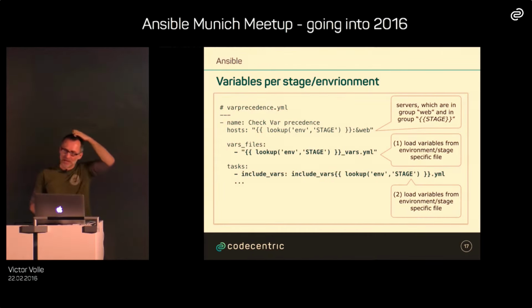So this is what we came up with. We had environment variables, and you could use the lookup for the environment variables, and then you could have funny things like everything. So this might be development and web, and this might be the test vars, and this could be the production vars, things like that.